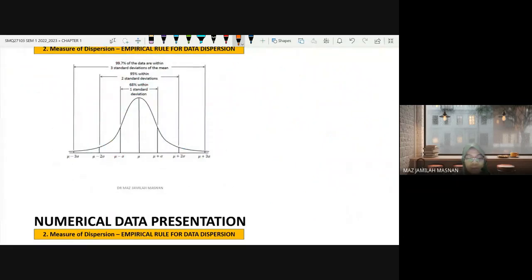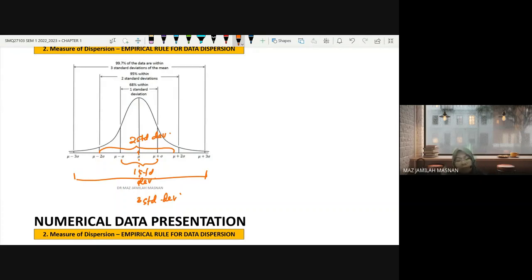Here is 1 standard deviation, here is 2 standard deviation, and from here until here, you are talking about 3 standard deviation, from the middle.